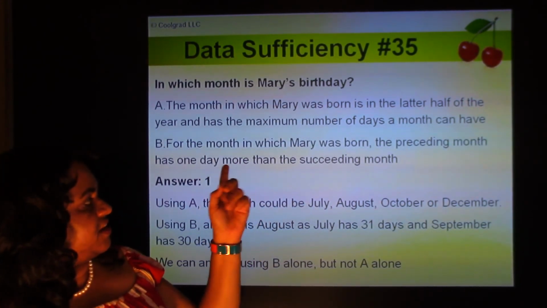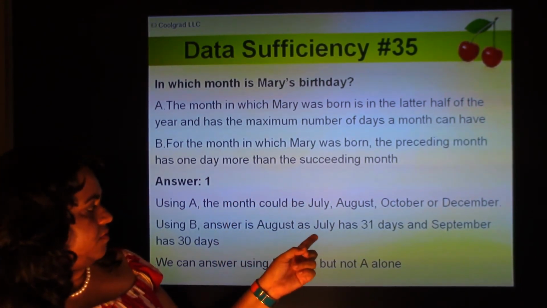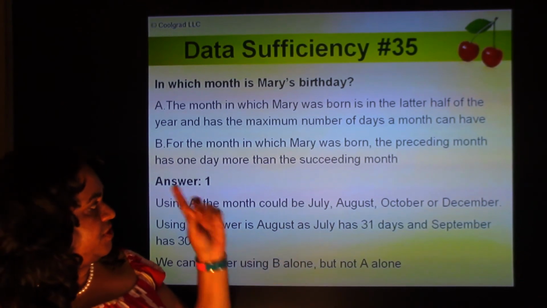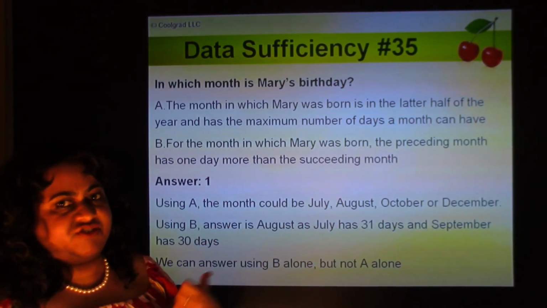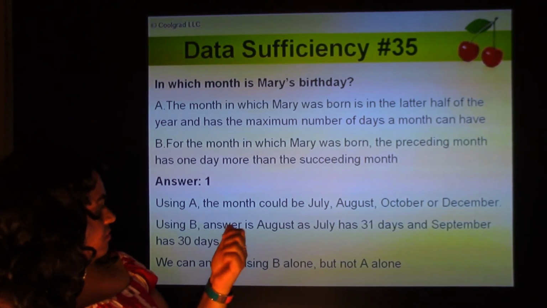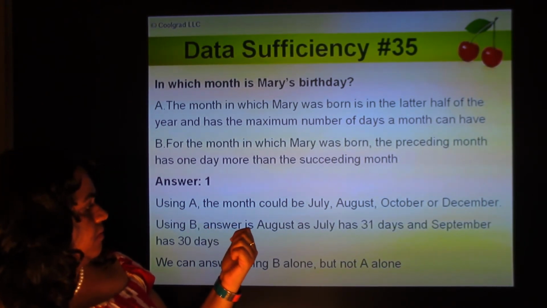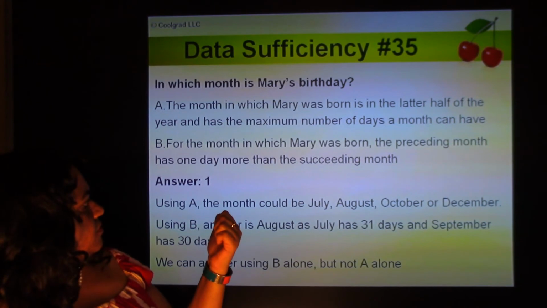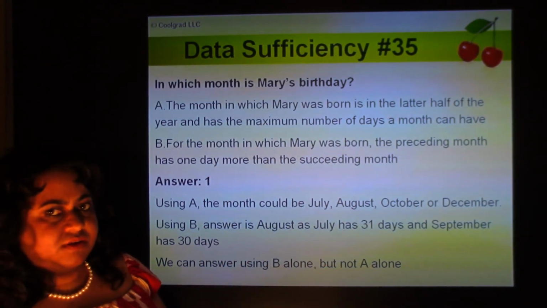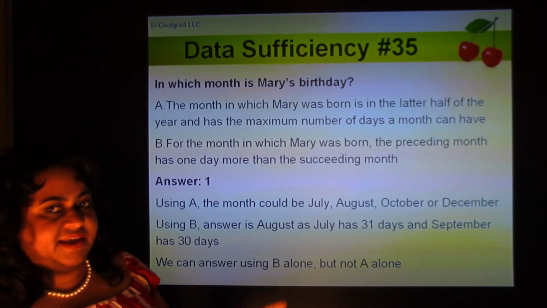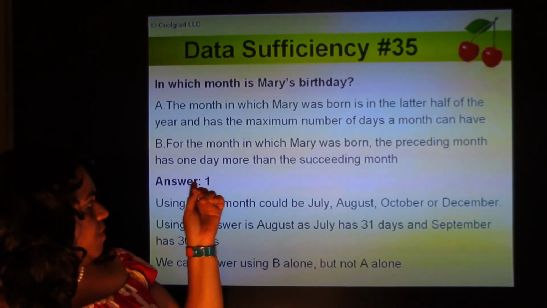The only month that satisfies this condition is August, because the preceding month, July, has 31 days, and September, the succeeding month, has 30 days. So statement B alone is enough to answer this question, and A alone is not sufficient. So we pick option 1.